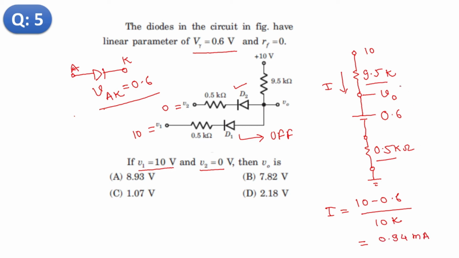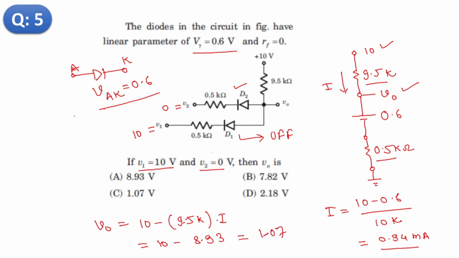We require this voltage VO, so VO will be 10 minus the potential across the 9.5k, that is 9.5k multiplied by I. I we have already calculated, so this is 9.5 into 0.94, which is 8.93, and the value will be 1.07. So the correct answer for this question is option number C.